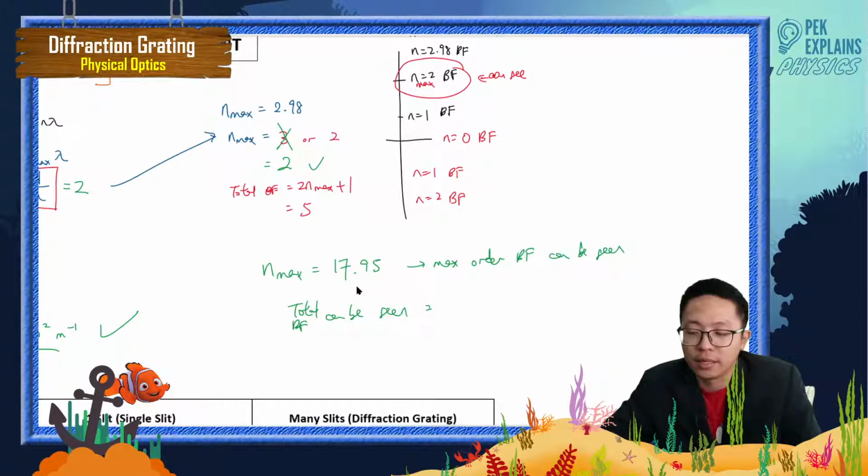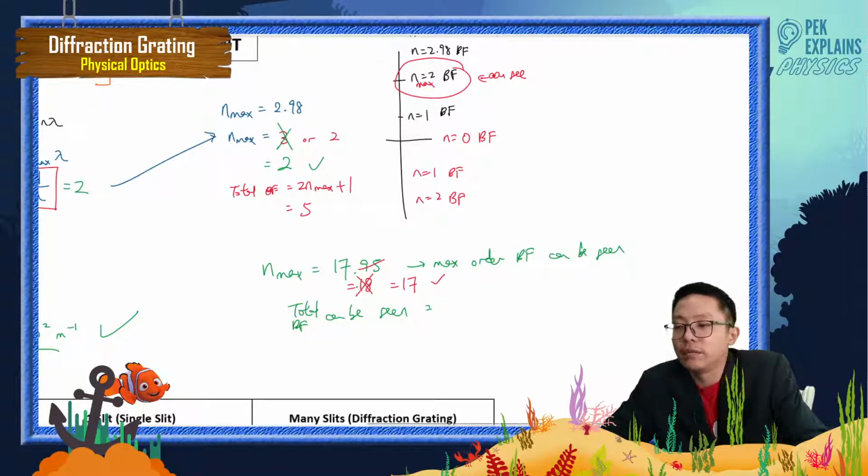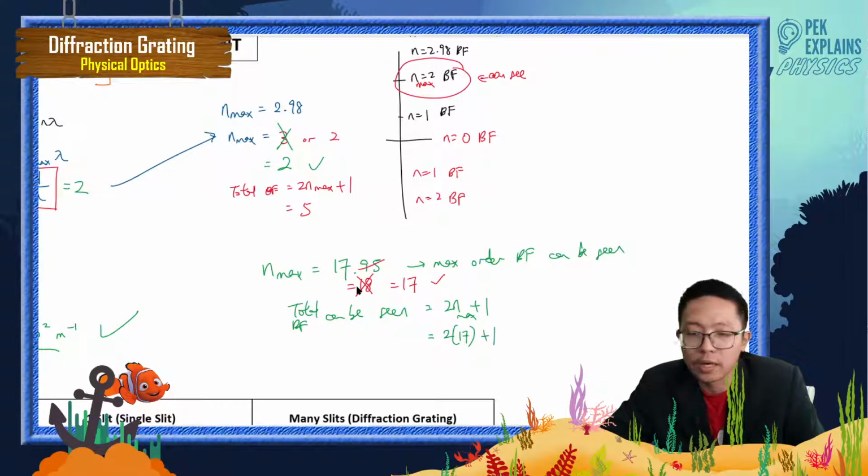The maximum order you can see is 17 or 18. Just chop it off. So it's not 18. It's actually 17 only, you can see. Understand? It's only 17. And then apply the formula, 2n maximum plus 1, which is 2 times 17 plus 1.